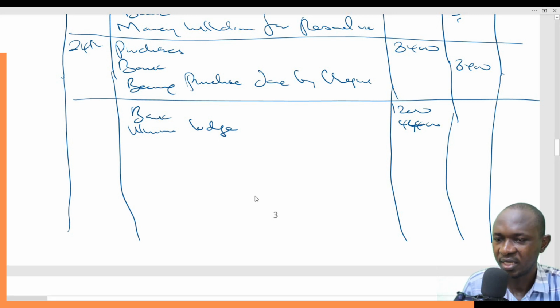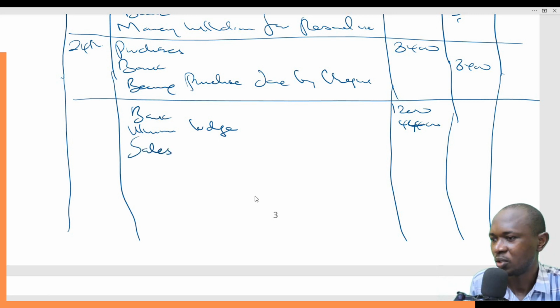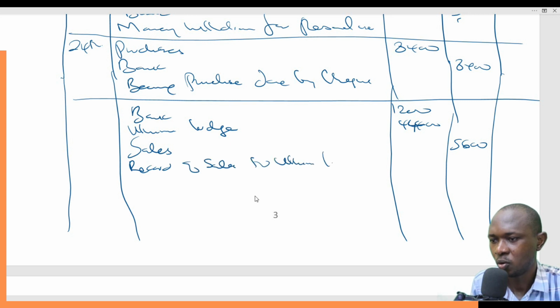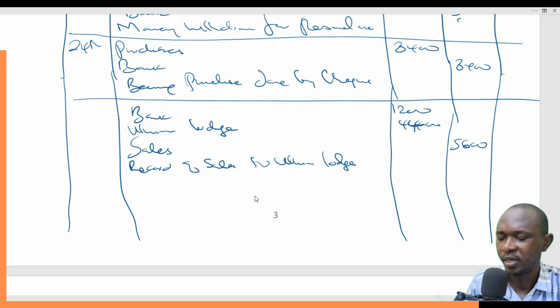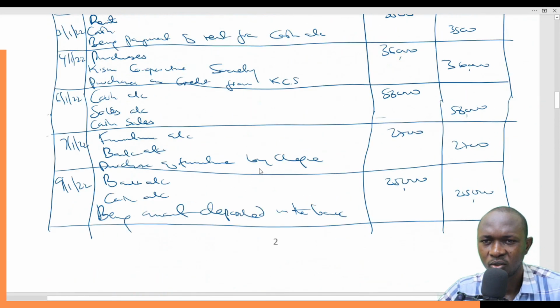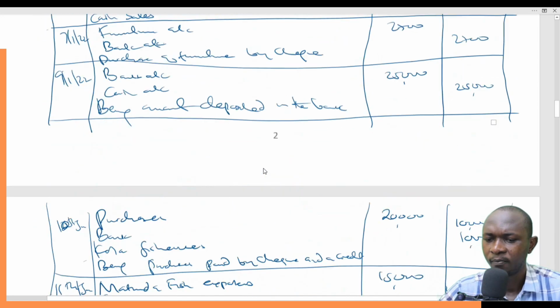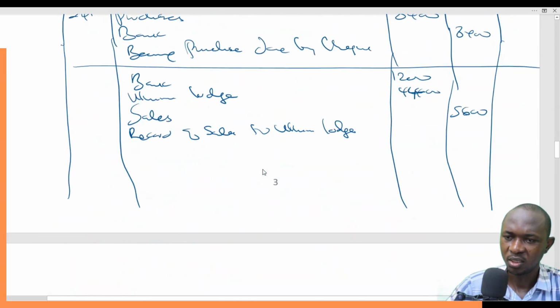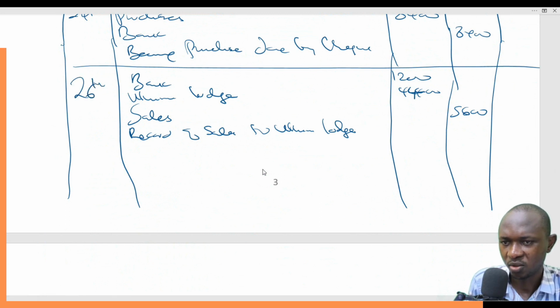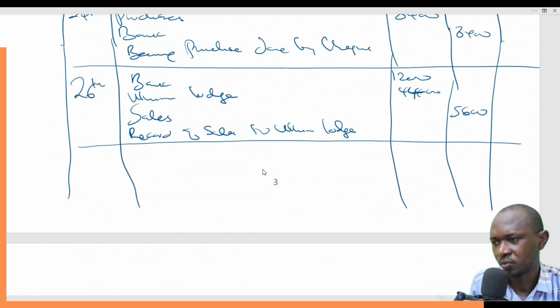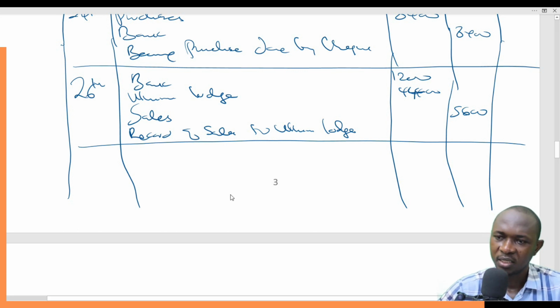So this is just a record of sales to Uthiru Lodge. The date, make sure you put the date. The date is on 26th. So date is 26th, and that's how the transaction plays out. So bank received that. Uthiru Lodge became a debtor to that extent, and the sales that were made amounted to 5,600. Let's go back.